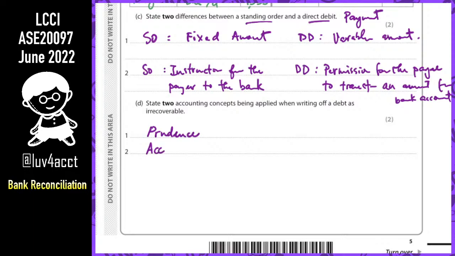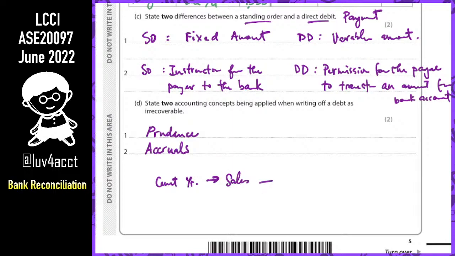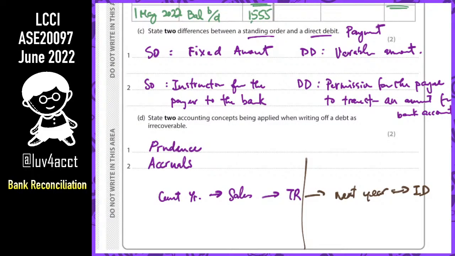A little bit less direct, accrual concept. Accruals, okay, why? In the first place, why do you have trade receivable? Because you make a sale. This year, current year, you make a sale. That's why you have trade receivable. That's why it is possible that next year you have irrecoverable debt. That is a problem, because the sales is made in the current year.